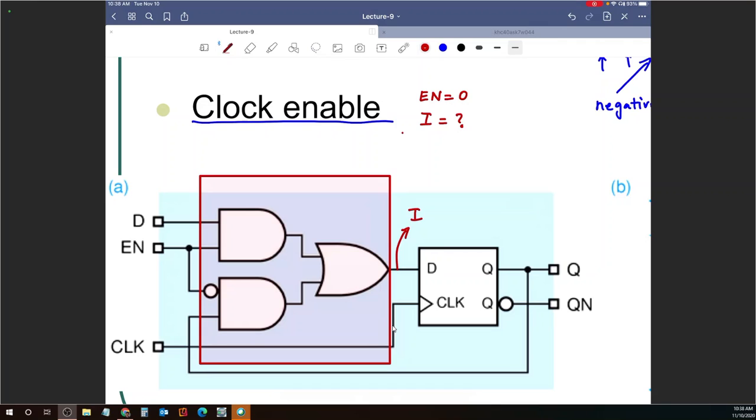So I will be Q when enable is 0, because this guy will go through. So Q is right. Let's talk about the other case. When enable is 1, what is I?